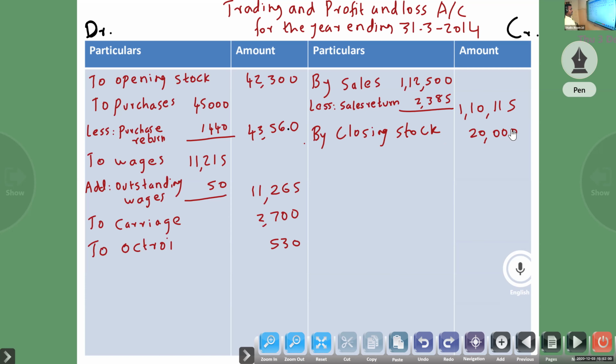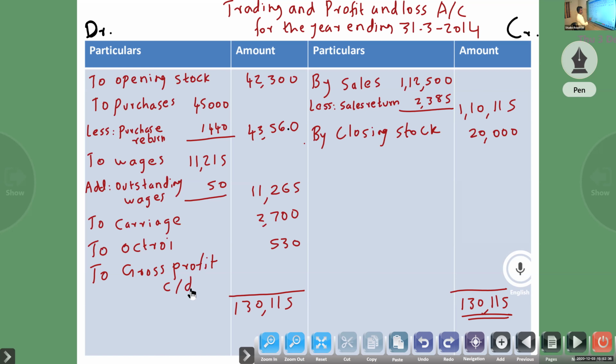Okay, now we have to balance. Which side is more? Credit side is more. So 1,30,000, 1,30,115. So to gross profit carry down.